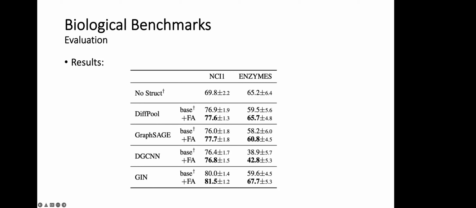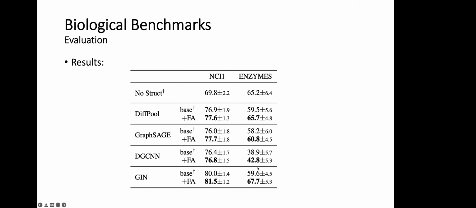And for the enzymes dataset, previous work found that none of the GNNs exploit the topology of the graph. But this paper finds that when adding a fully adjacent layer to GIN, the model does exploit the structure of the graph and improves the performance by about 8.1% over the GIN base model.